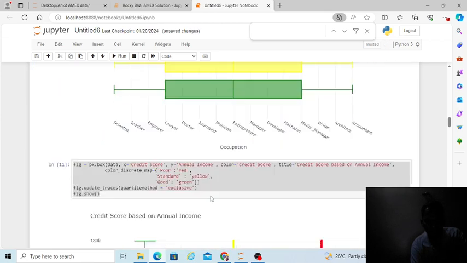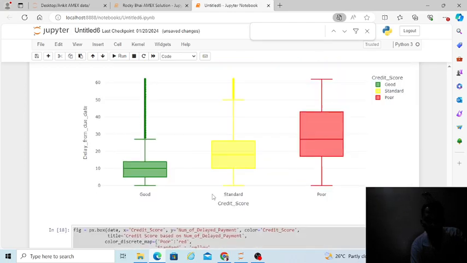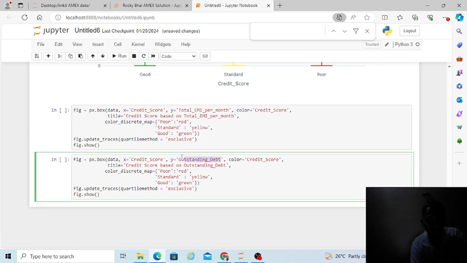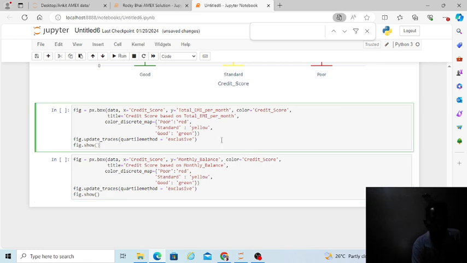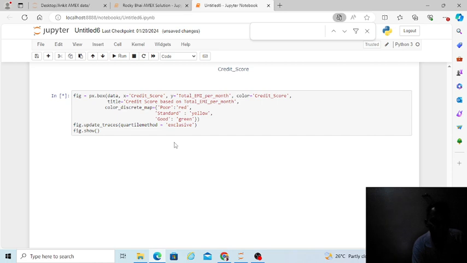That's sufficient. We have checked all the columns which can have effects on credit score rating. Now I will visualize them one by one.